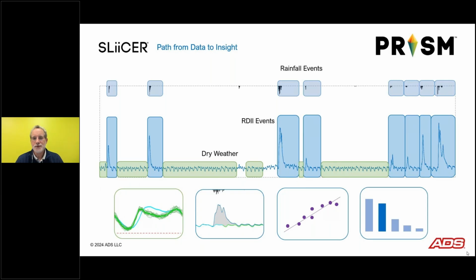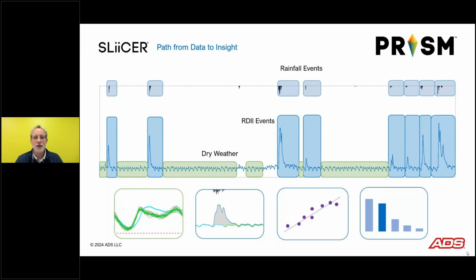If we start at the top of this graphic where you see the rainfall data, the very first thing SLiiCER does for us is take time series rainfall data and parse it up into individual rainfall events. This can become cumbersome to do by hand, but it's fairly straightforward in SLiiCER. In fact, it does all that work for you.